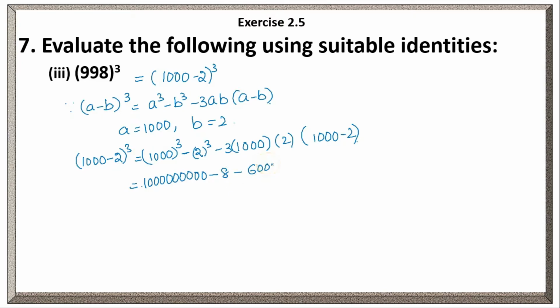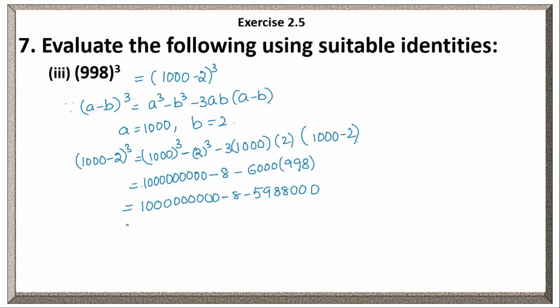Minus 6000 into 998. Clear? Now 1 followed by 9 zeros minus 8 minus 6000 into 998 is 59 lakhs 88,000.